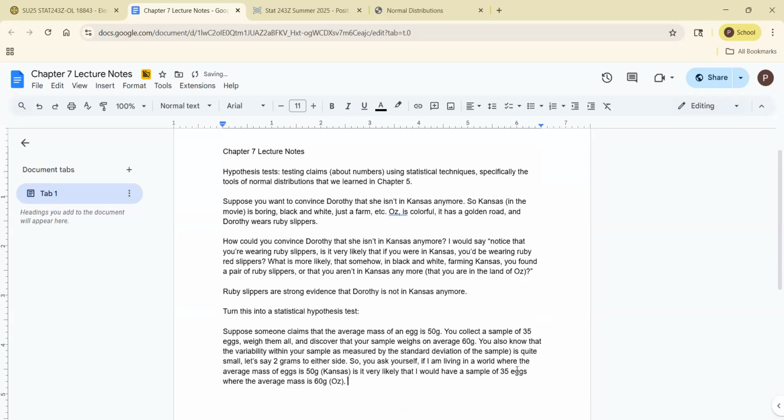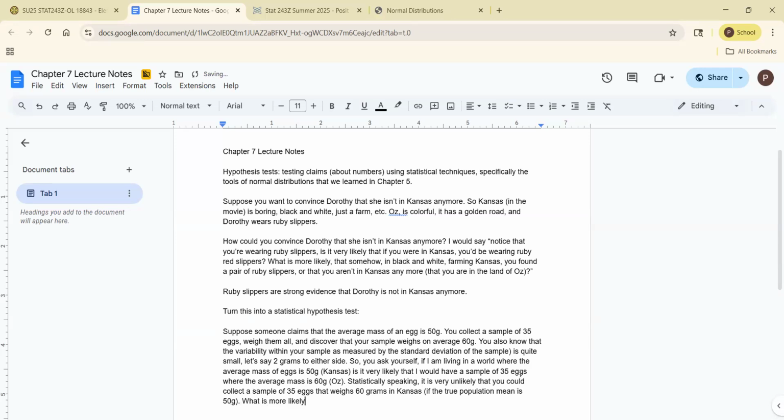That's Oz. Statistically speaking, and we're going to put numbers to what we mean by this, it is very unlikely that you could collect a sample of 35 eggs that weighs 60 grams in Kansas, i.e., if the true population mean is 50 grams.